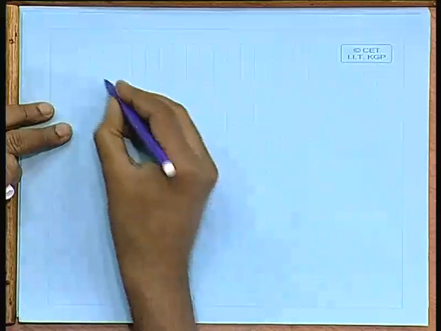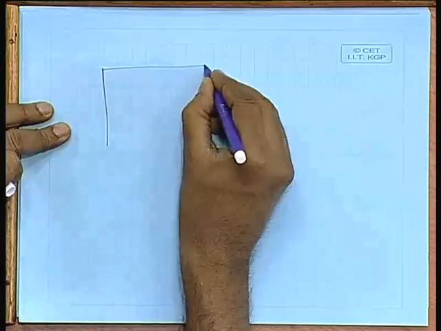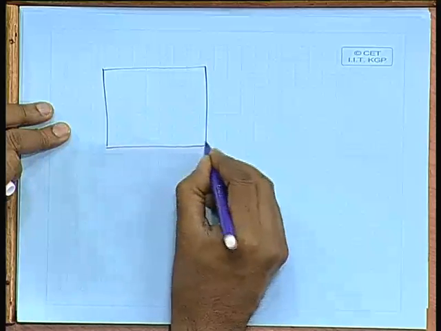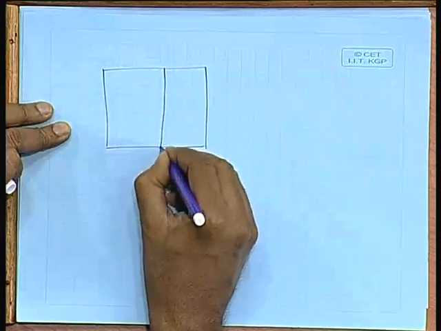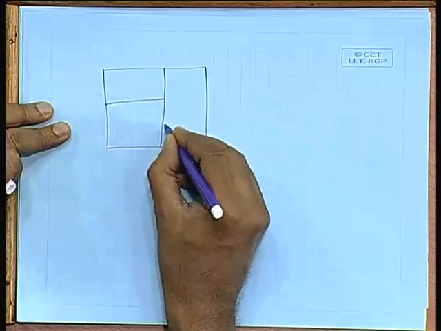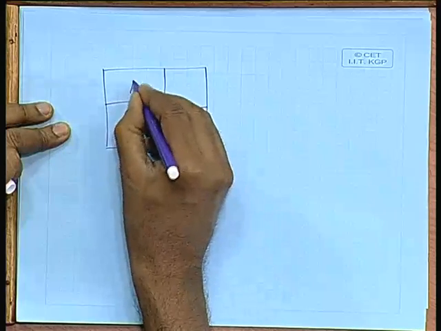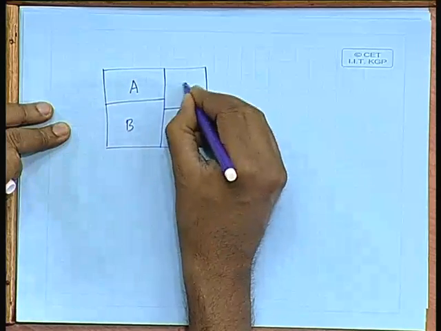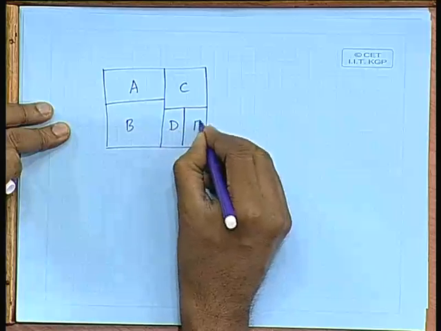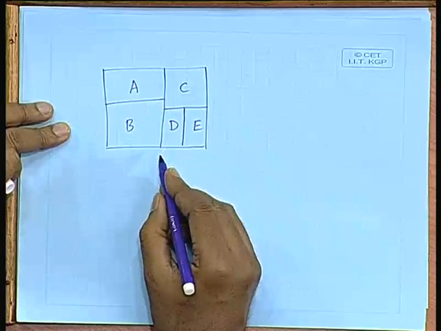What I mean to say is, I am taking a very simple example. Suppose we have a floor plan like this. This is a sliceable floor plan. Suppose there are 5 modules. This is a floor plan.